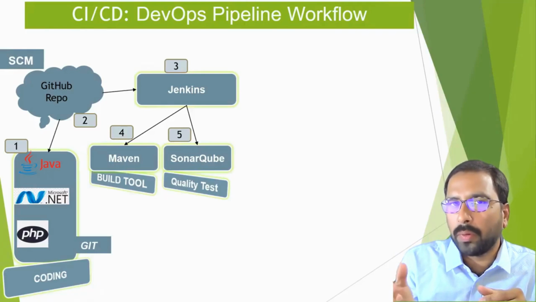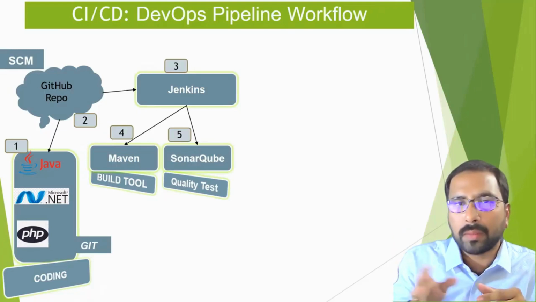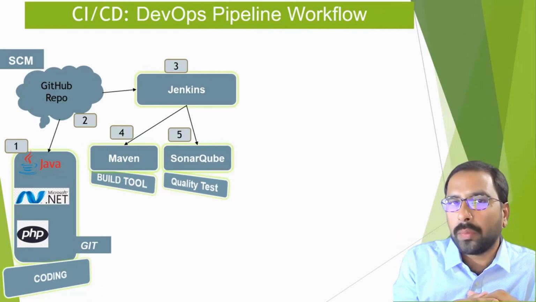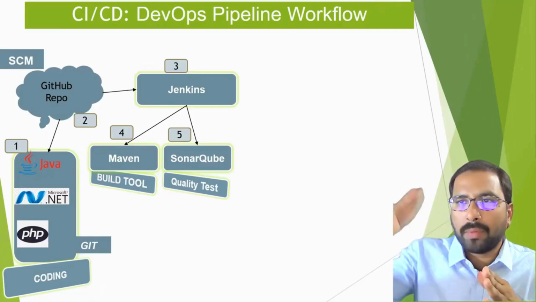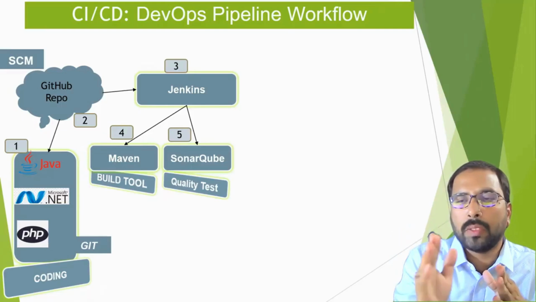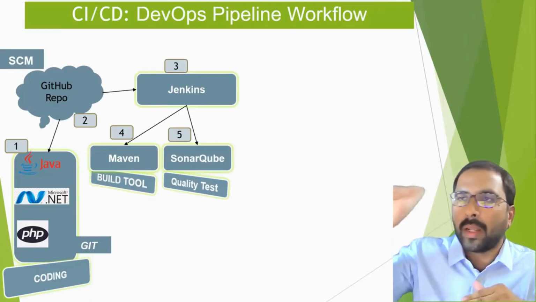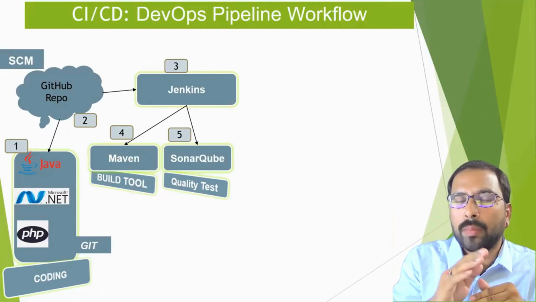It is going to review them, related to the vulnerability test, and whether it has any bugs or whatever it may be, different kinds of tests. So the code quality is going to be checked. For example, Java has certain rules, so the code should pass the rules. The syntax should be like this only: you should not use repeated words, and you should not have a number of duplications.